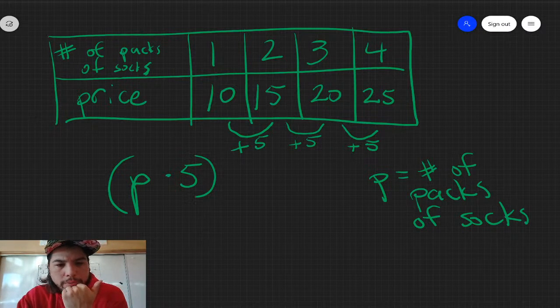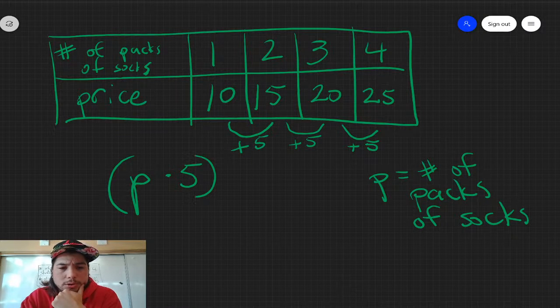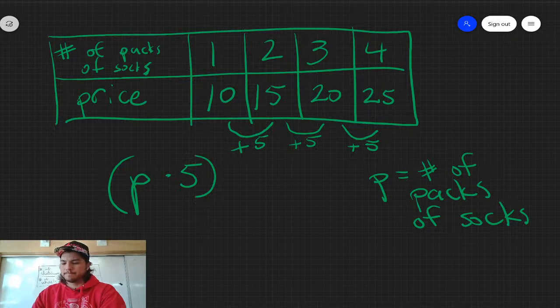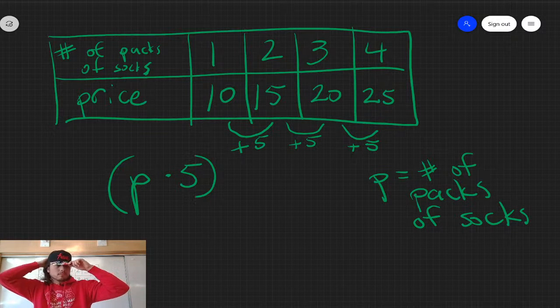So if we had one pack of socks, we substitute a 1. Well, if we substitute a 1 for the P for one pack of socks, then we end up with 1 times 5. Interesting.